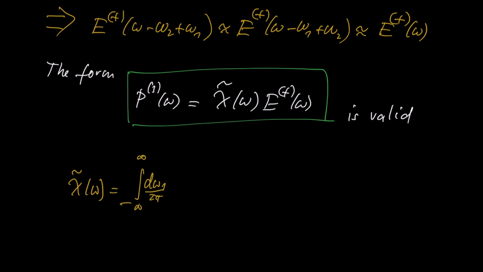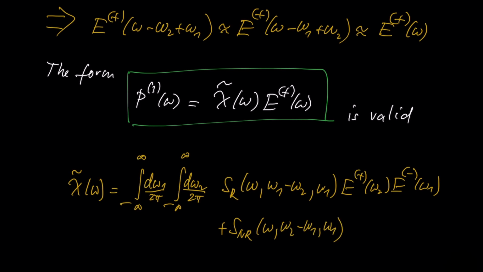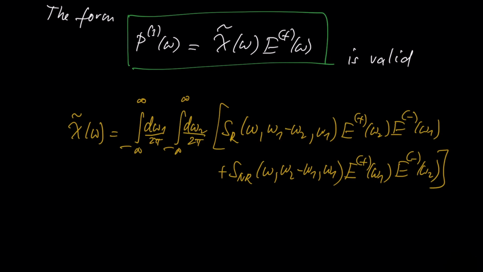And we can also write now what is the chi tilde. Chi tilde is this double Fourier transform of SR of omega 1 minus omega 2 omega 1 E plus omega 2 E minus omega 1 plus SNR of omega 2 minus omega 1 E plus of omega 1 E minus of omega 2. And clearly because the electric fields here, they have some phase given by the delays between them.